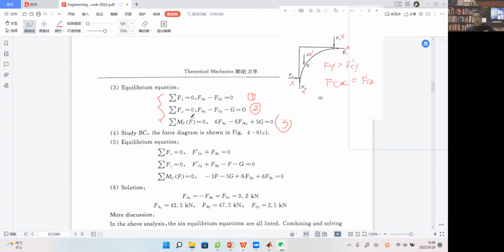But unfortunately, the number of unknowns is 4. We have Fax, Fay, and Fcx, Fcy. So we cannot get the result directly. How should we do this? So we continue, we should study BC, right? After we give these 3 equations, we cannot get all the 4 unknowns. But we can use a relationship.